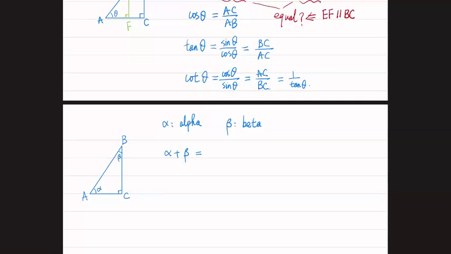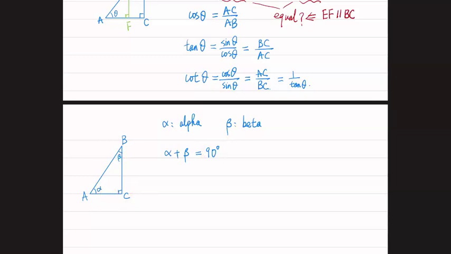All three corners of a triangle add to 180, so alpha plus beta equals 180 minus 90, so that's 90. Okay. So this is 90 because of the interior angles theorem, the summation of the three gives us 180. This one is 90, so the remaining two also sum to 90.